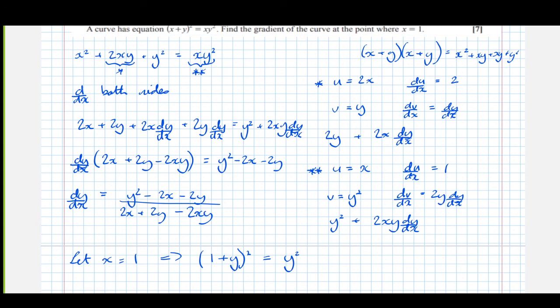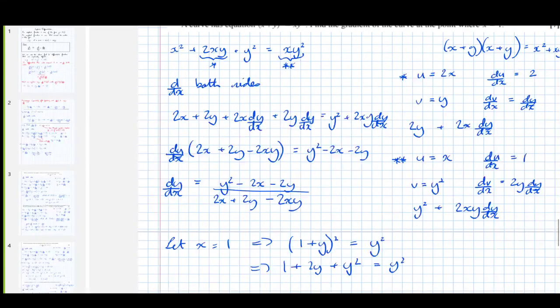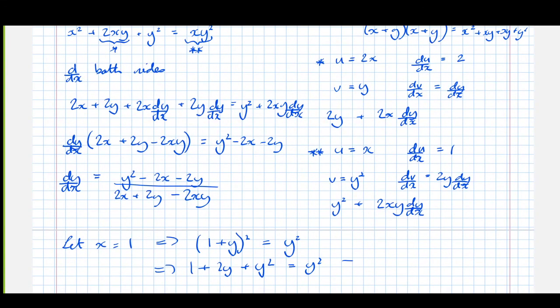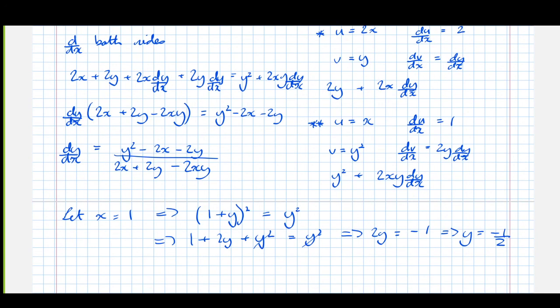Let's get the y coordinate, which implies then 1 plus 2y plus y squared equals y squared. Take y squared from both sides, which implies that 2y equals minus 1, which means that y equals minus 1/2. So now we've got a y coordinate, now we can find the gradient.